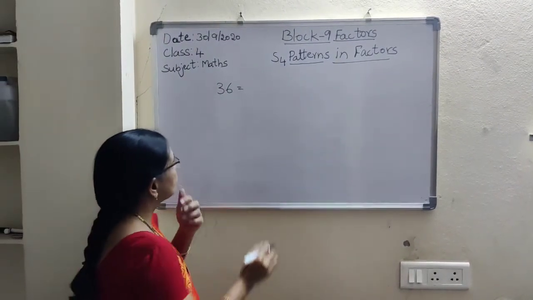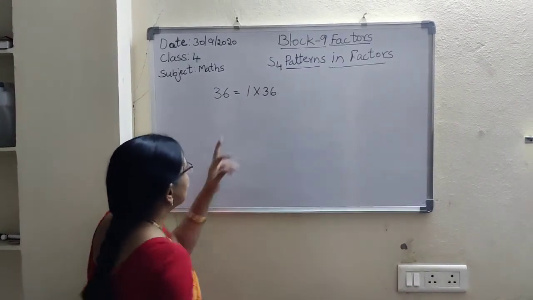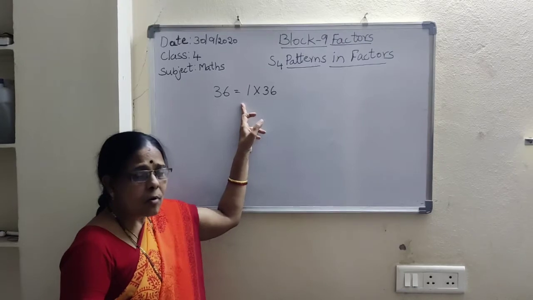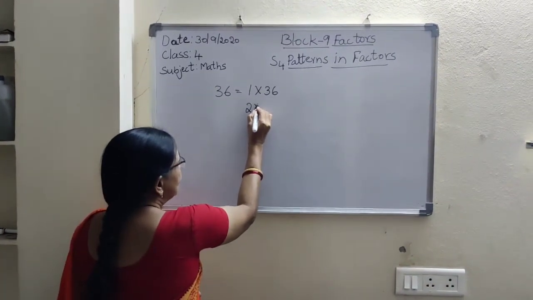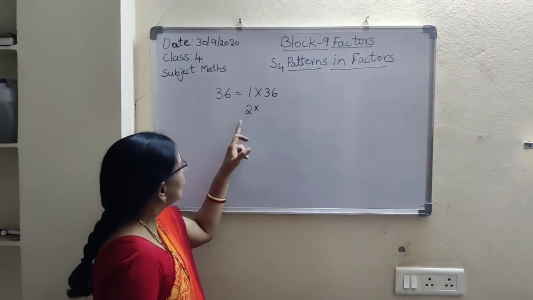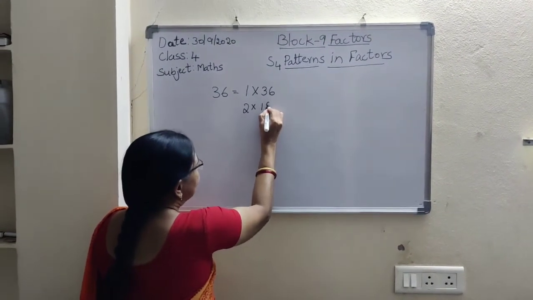36. 1 into 36. 1 is a factor of all numbers. Next, 2 is a factor of 36, children. Yes, 2 18s are 36.